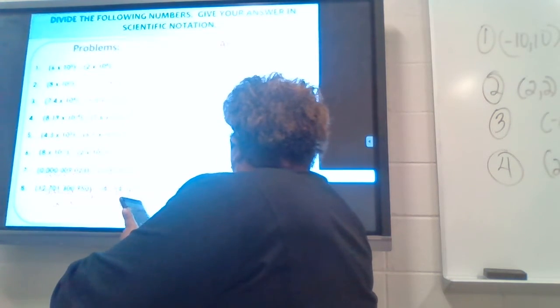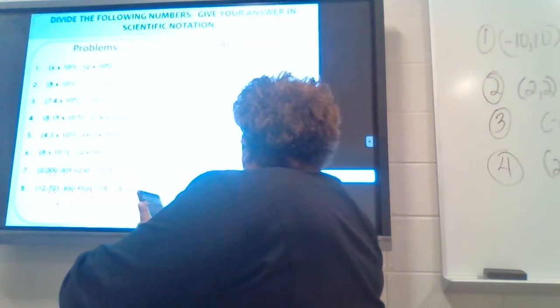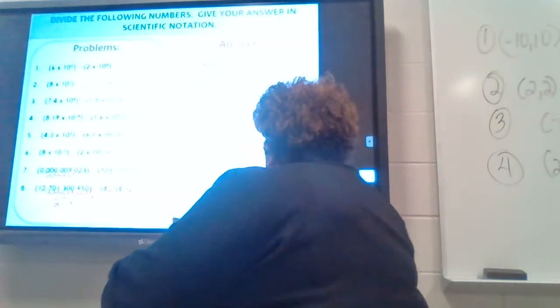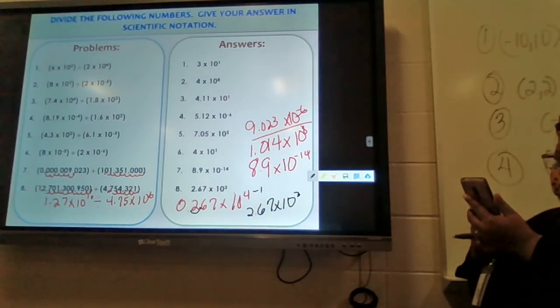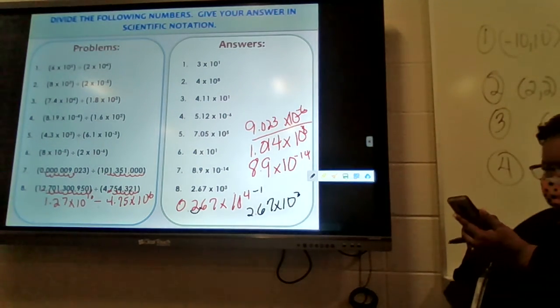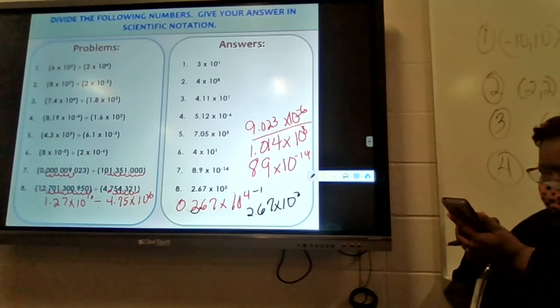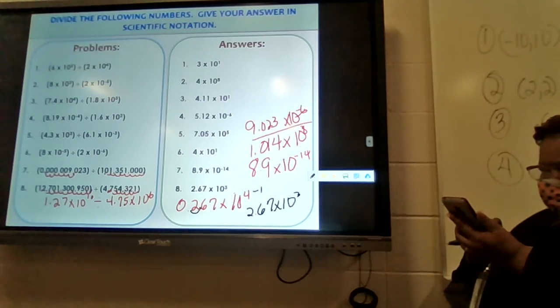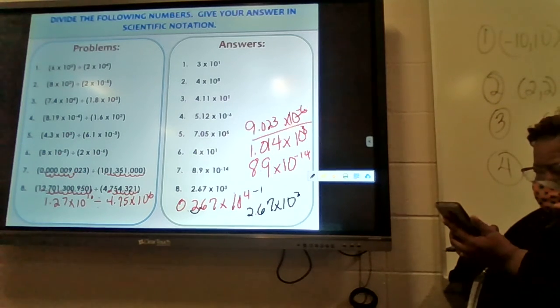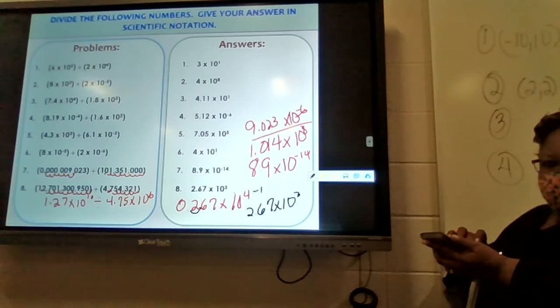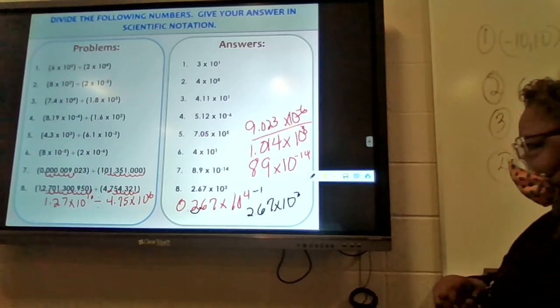So that gives me 2.67 times 10 to the third power. Okay, I was checking my calculations.